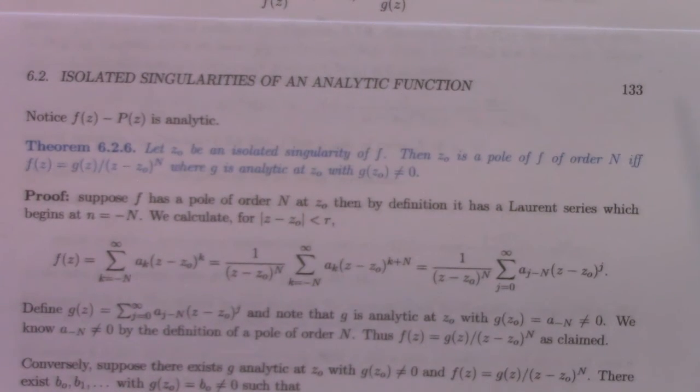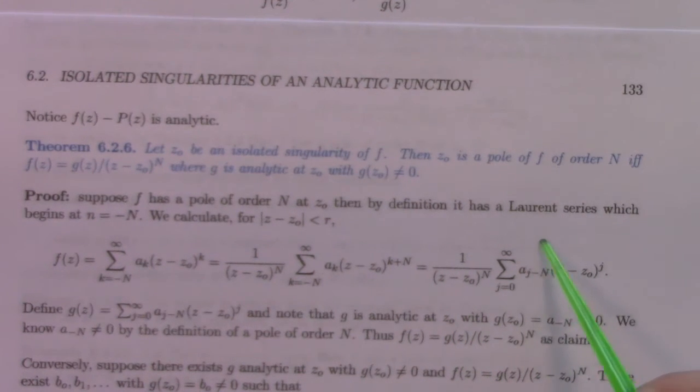The proof is very simple. Suppose f has a pole of order n. By definition, its Laurent series looks like this. Then you can just factor out a 1 over z minus z naught to the n piece. What you're left with begins at the 0 power once you reindex it.